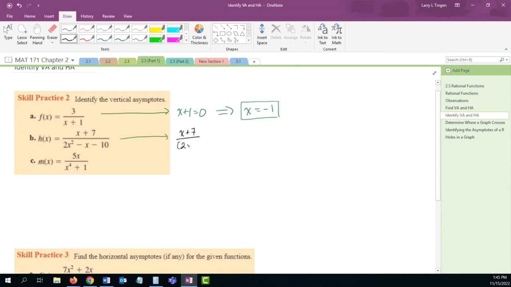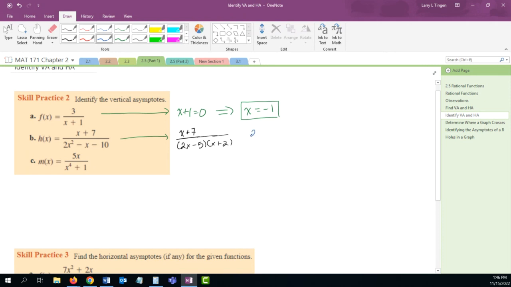Why am I bothering to do this part? Because if the numerator and denominator share a factor, then I don't have a vertical asymptote. Okay, but there's no x plus 7 in the numerator and denominator, so I don't share a factor. So I don't have any holes.